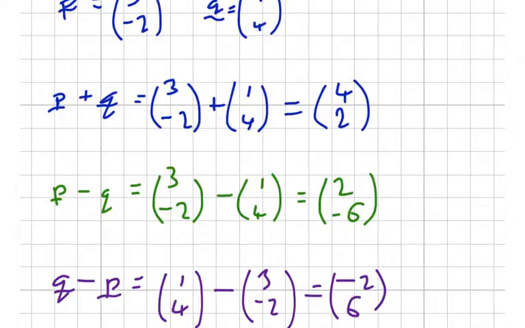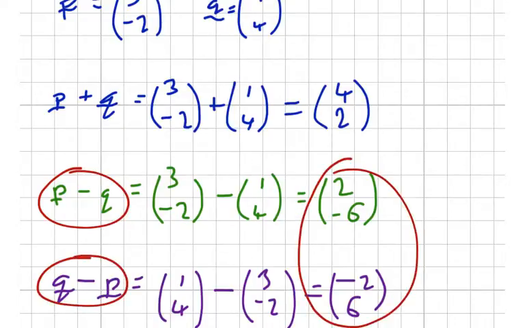You should notice as well that P minus Q and Q minus P are negatives of each other. So they are the same magnitude but in opposite directions. We could also draw these out, and sometimes you will be asked to draw the vectors, but most of the time if we're dealing with component form or column vectors, we can just perform calculations like this.